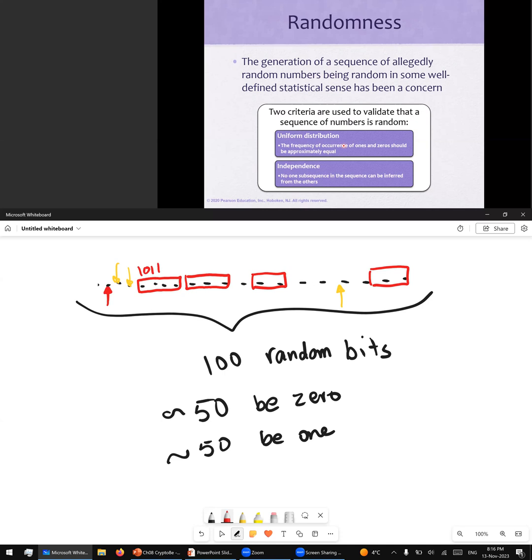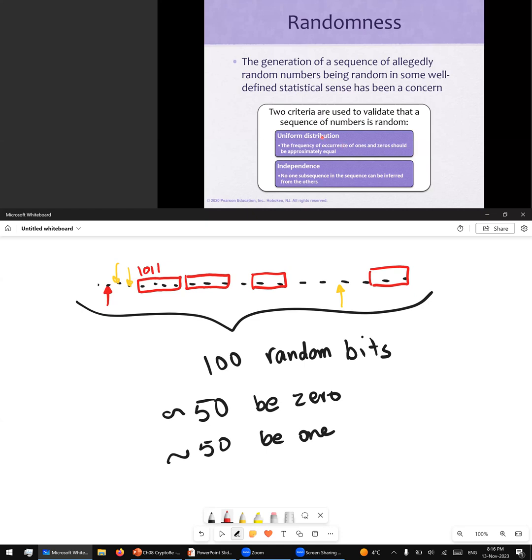And again, the reason is pretty obvious. If the adversary knows that these are not independent, he can extract information from the sequence, and therefore he can figure out what the plain text is from the ciphertext.